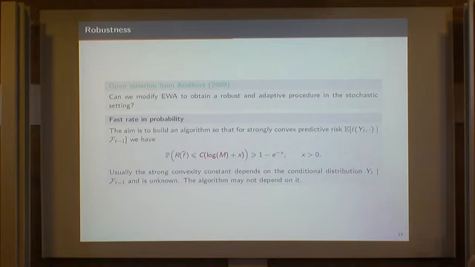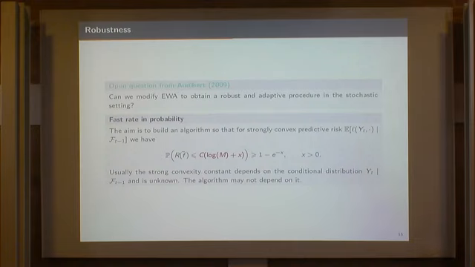And so the natural open question from Olivier was, can we modify EWA so that we get a robust and adaptive procedure in the stochastic setting? So the idea is to build an algorithm that satisfies a fast rate bound on the cumulative risk, with high probability.